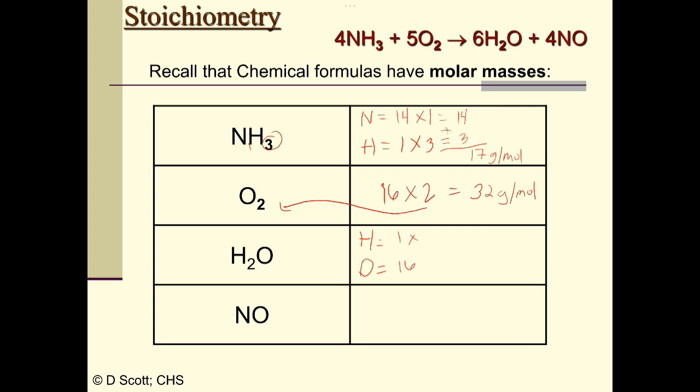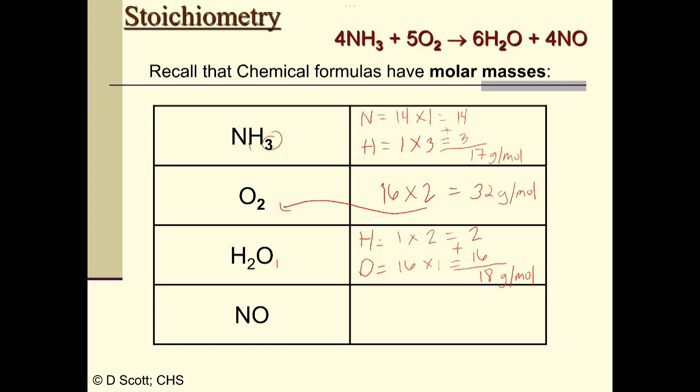Since hydrogen has 2 atoms, you multiply it by 2. And then for 16, since oxygen has a subscript of 1, you multiply it by 1. So 1 times 2 will be 2, and then 16 times 1 will be 16. Then you add them: 16 plus 2 will give you 18 grams per mole.